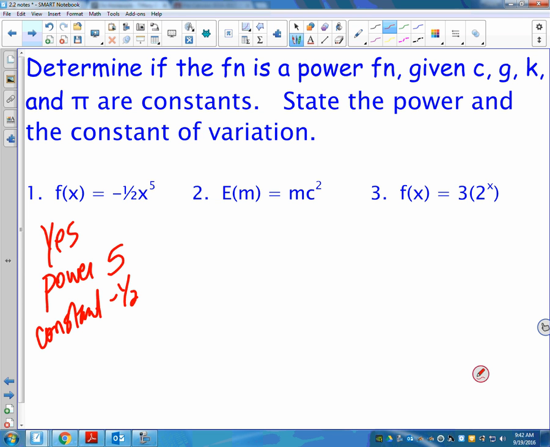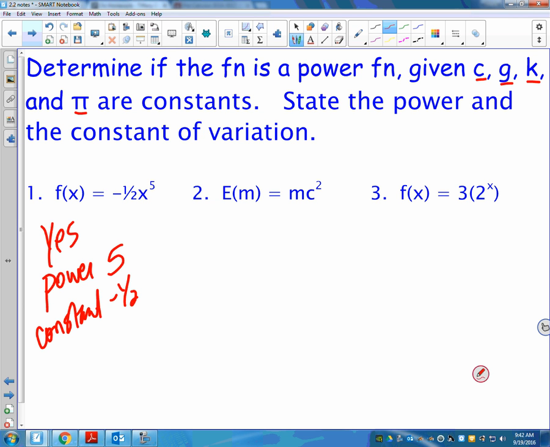Then what happens when I give you all letters? Like, you know this formula, at least you've heard of it, I'm sure. E equals mc squared. So it says state the power and the constant of variation. This is where reading the directions is important. It tells us that c, g, k, and pi are constants.